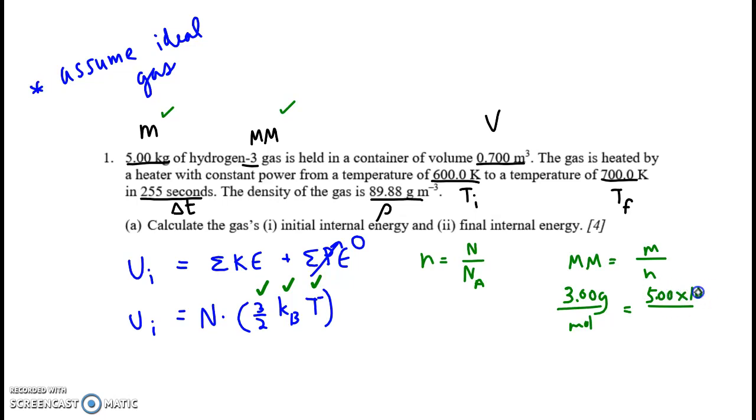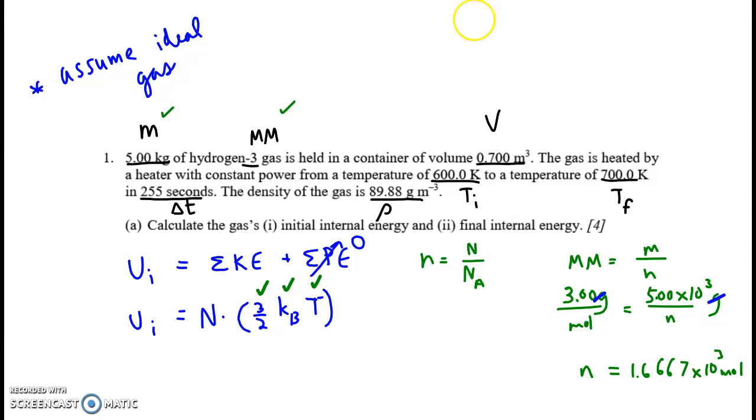So kilo is 10 to the 3. I'll put that into the same units, so grams cancel. Grams do cancel. And n comes to, oh, we don't need a calculator for this. 5/3, that's 1.66 repeating. That's how many moles there are.